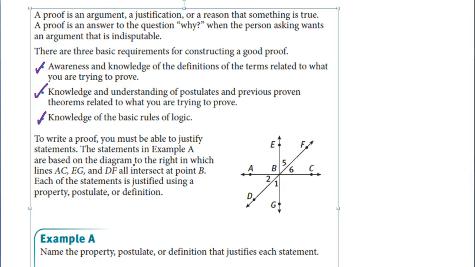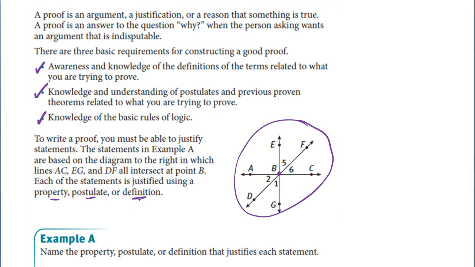The statements in example A are based on the diagram to the right. So we'll be looking at this picture for example A, in which the lines AC, EG, and DF all intersect at point B. Each of the statements is justified using a property, postulate, or definition.